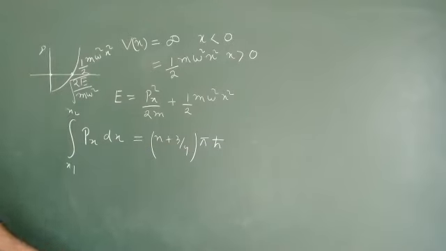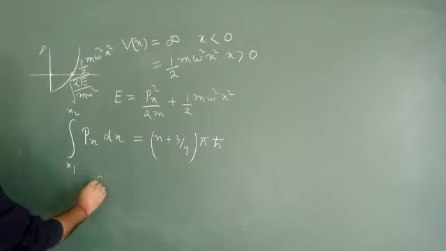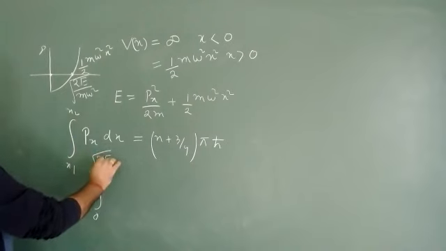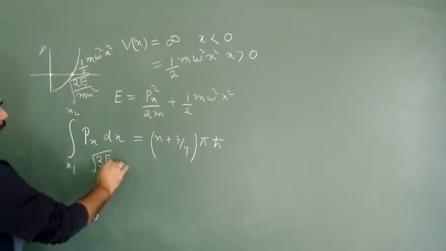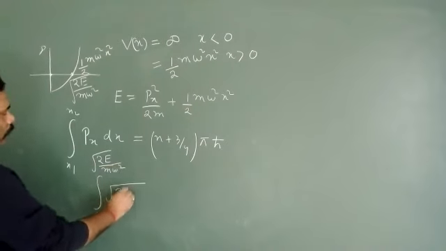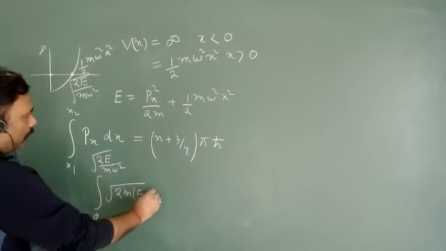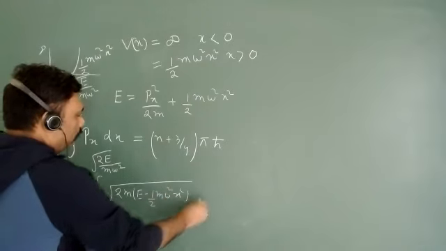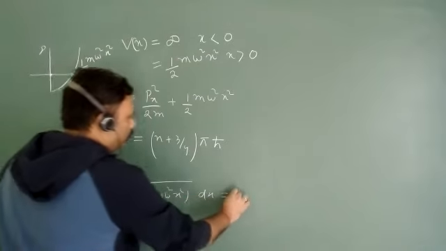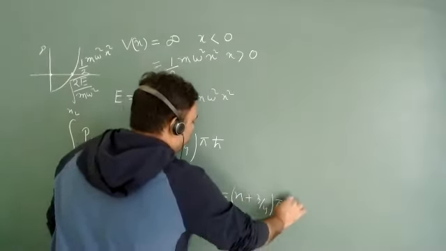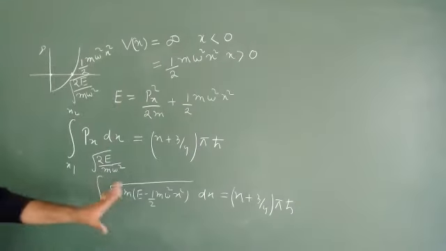So we can write the integral from 0 to root under 2E upon m omega square, of root under 2m times E minus half m omega square x square, dx, equal to (n plus 3 by 4) pi h cut. This is the integration we have to do.